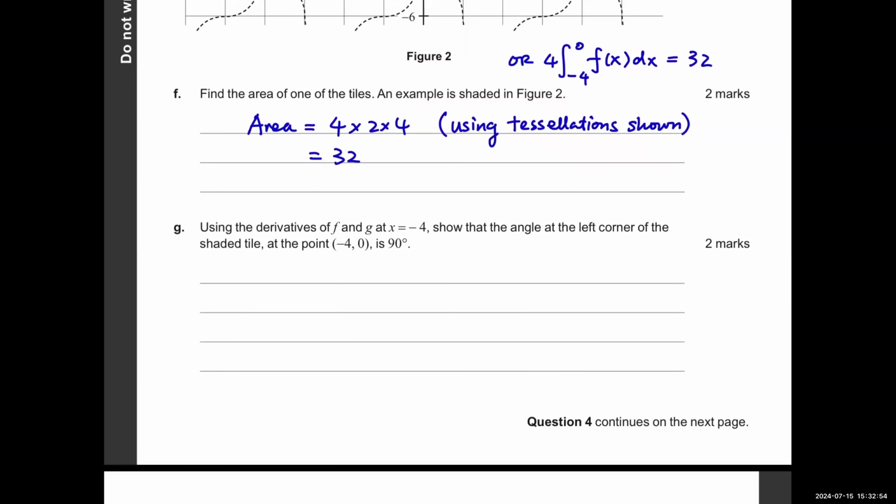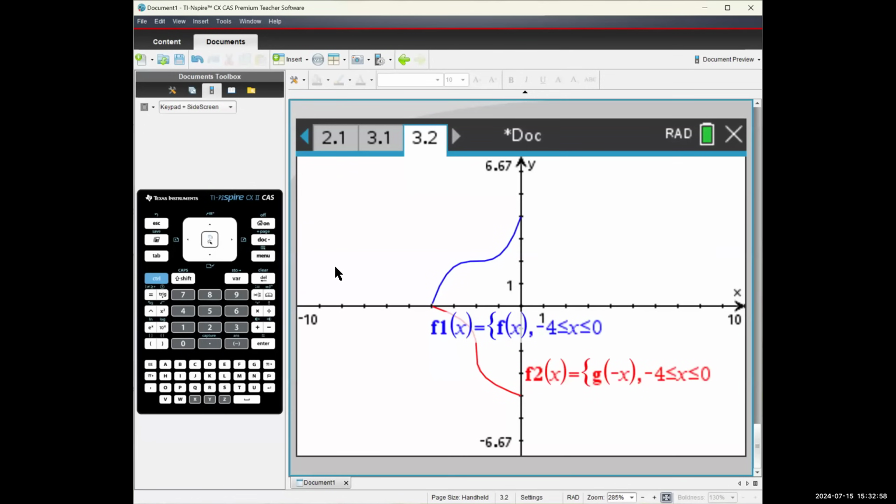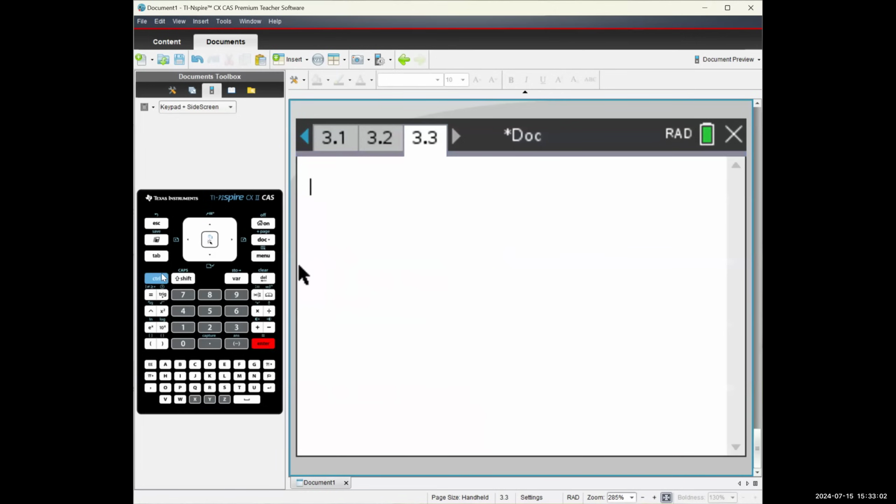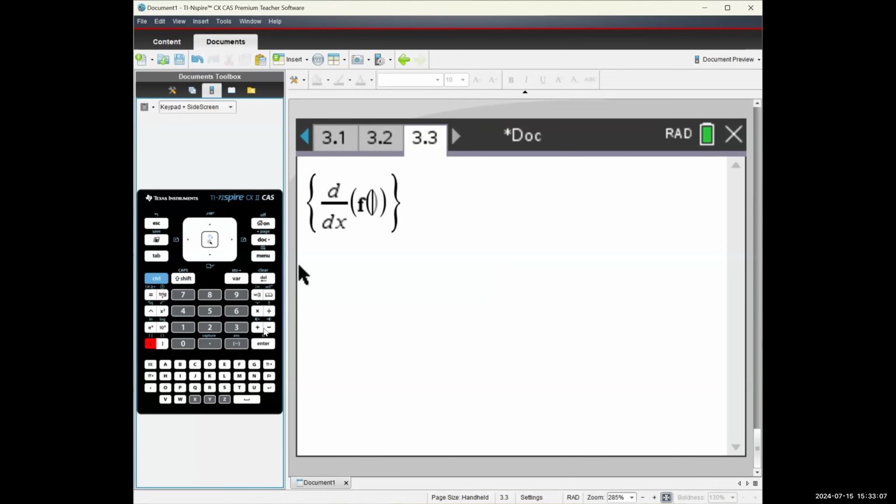The question says using the derivatives. So it is the safest to write down, let's say, both derivative expressions. I defined f of x before, that's fine. I also defined g of x as my inverse function, I suppose. Hang on a second.